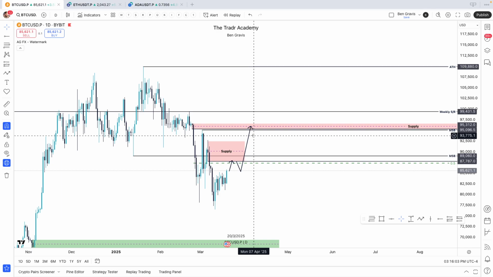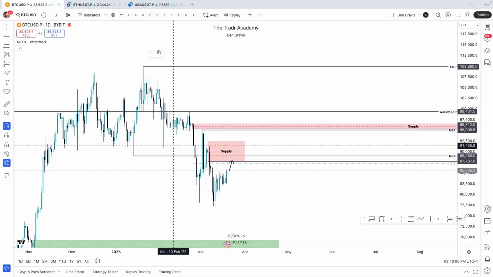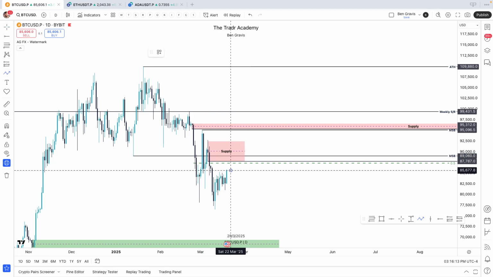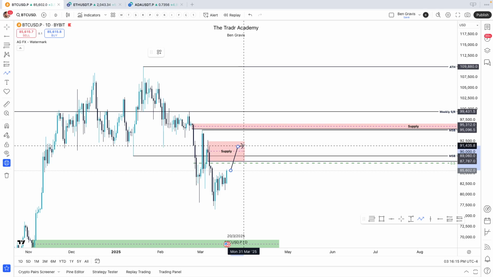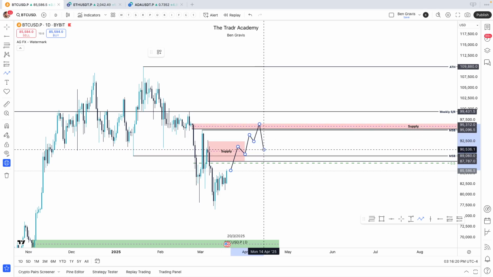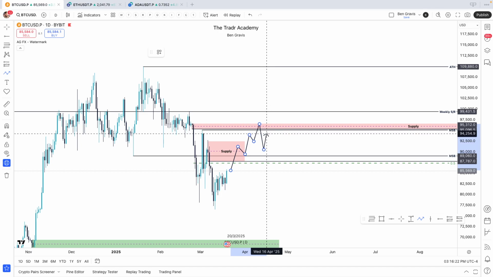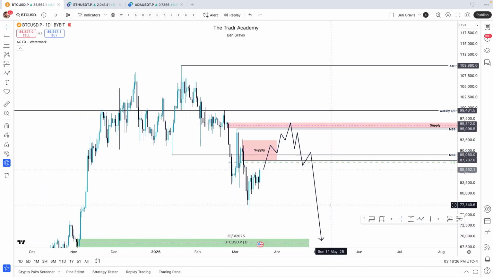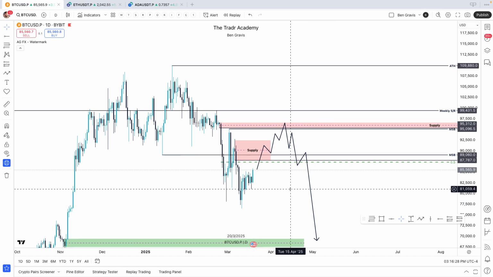And if you want to be certain here, look on the daily chart. We go like this, this, break in market structure, some kind of supply, and then boom, the move down. Okay, so that's basically what I think might happen.